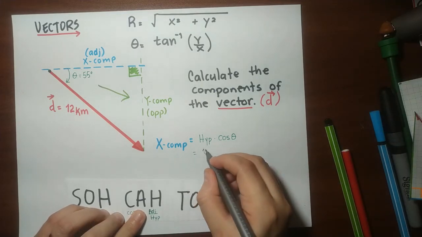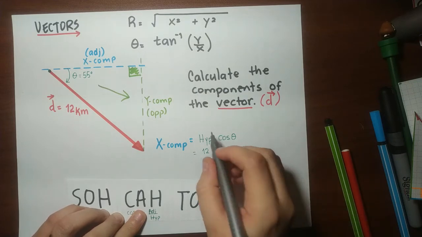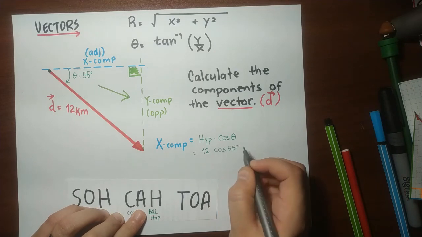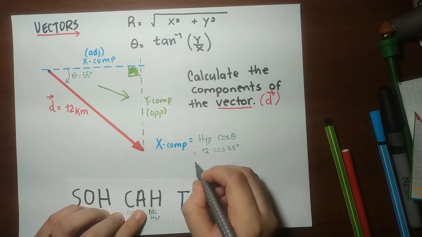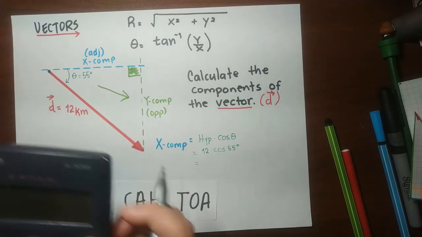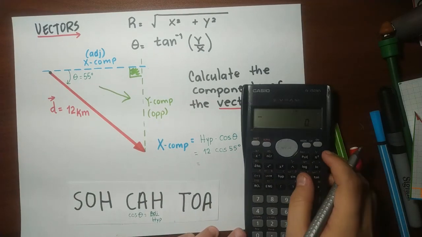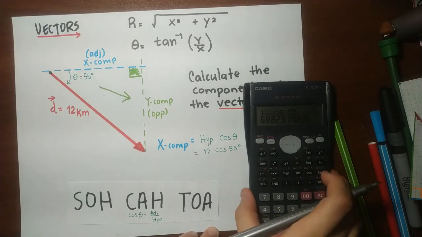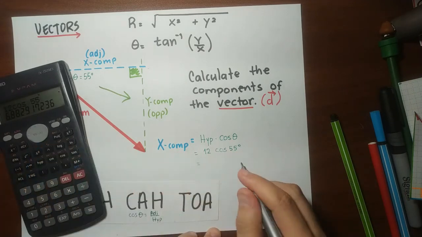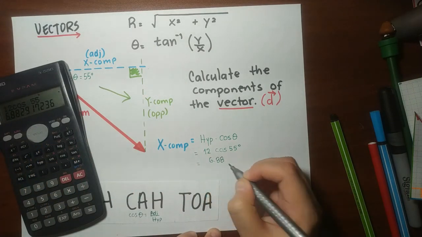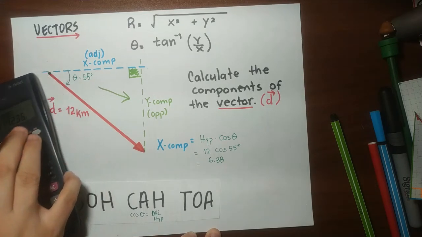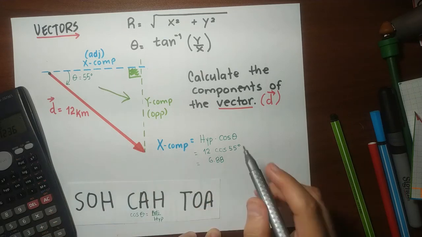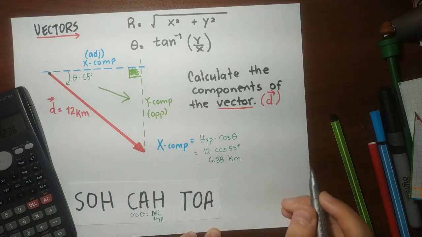I know the hypotenuse is 12 kilometers, and I know my angle, which is 55 degrees. So I do the math. Remember, your calculator must be in degrees. So this will be 12 cos 55, and this gives me an answer of 6.88. Now, remember, we're talking about a leg. This leg is going to be measured in the same units as our vector, so this should be kilometers.